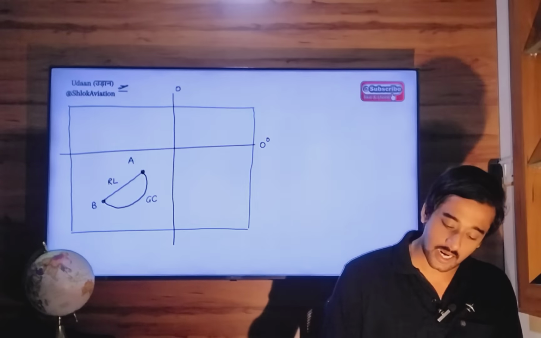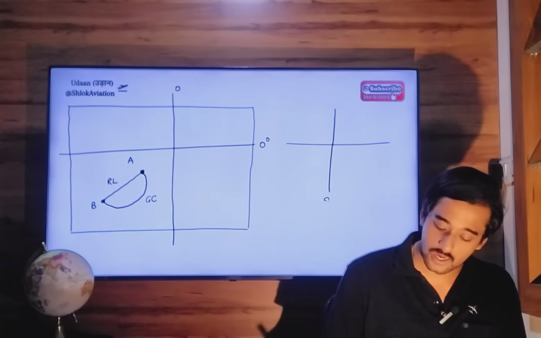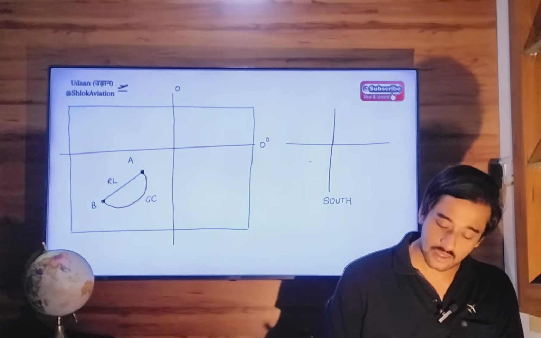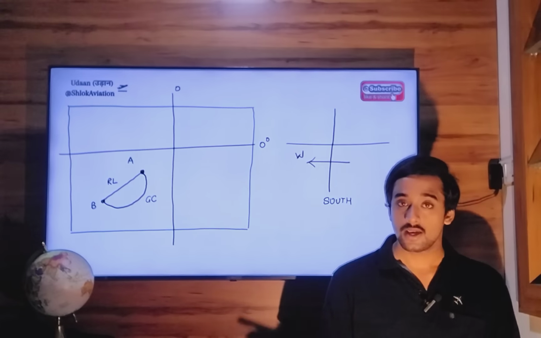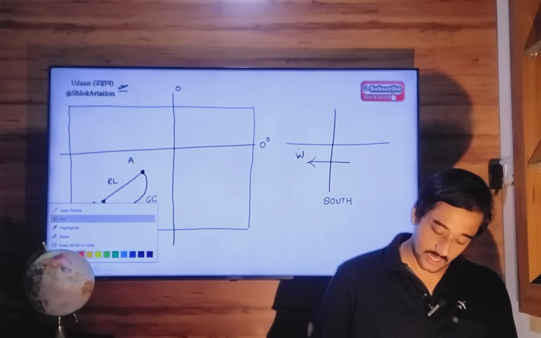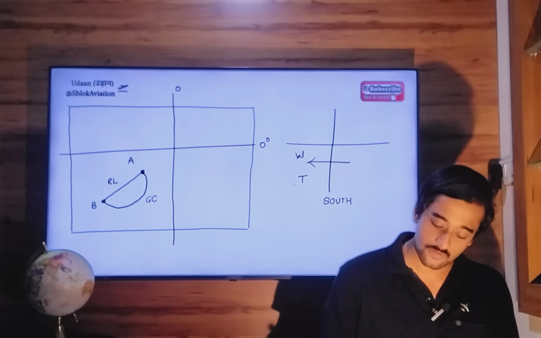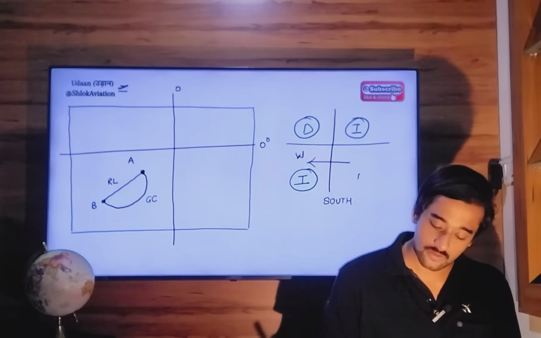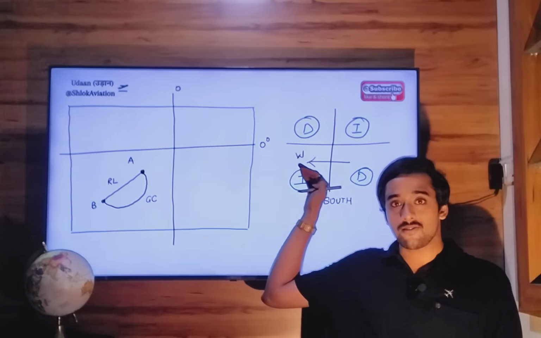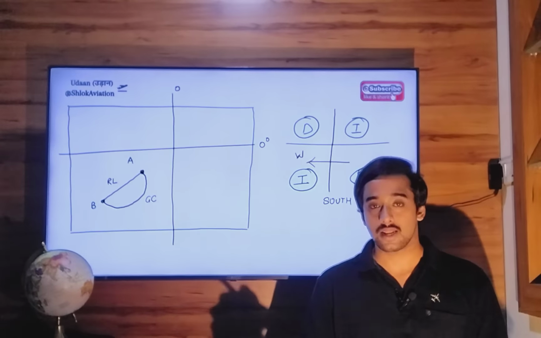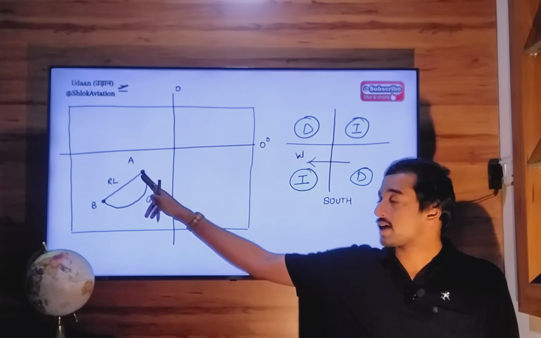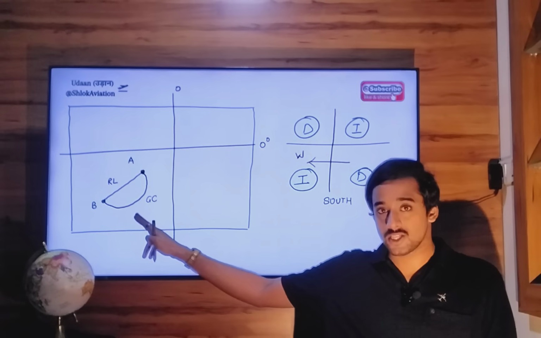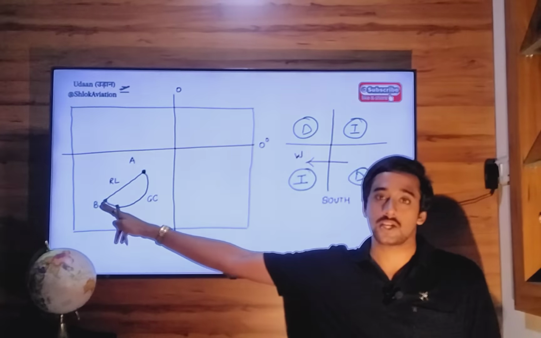DIID table states that if you are in the south hemisphere and you travel in the westerly direction, your great circle track will increase. So if you are in the south hemisphere, travel westerly, the great circle track increases, meaning the great circle track at departure will increase by the value of convergency when you reach your destination Bravo.